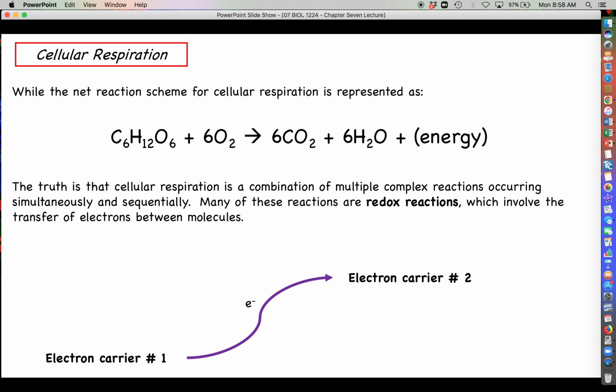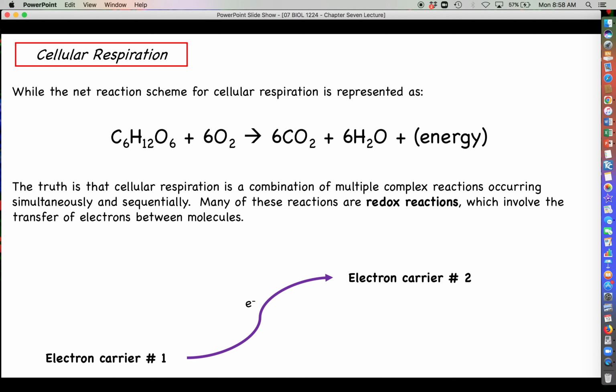The idea here is that in cellular respiration, we are going to see high energy electrons being carried from one molecule to another. So if electron carrier 1, whatever it may be, transfers electrons over to electron carrier 2, that could be a way of transferring energy from one place to another in the cellular respiration process.